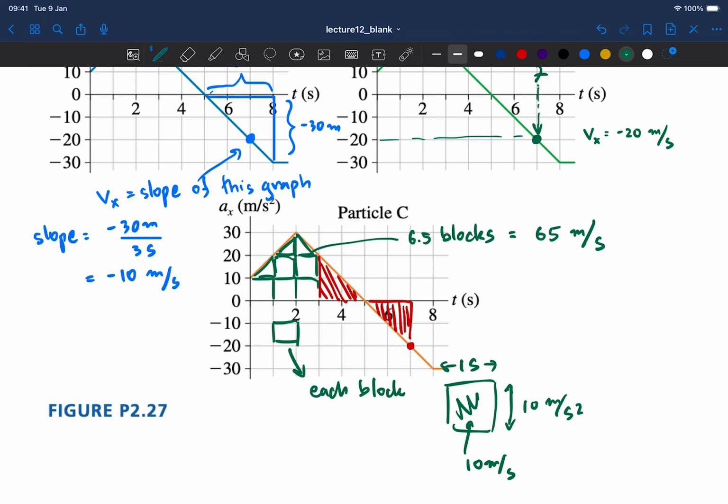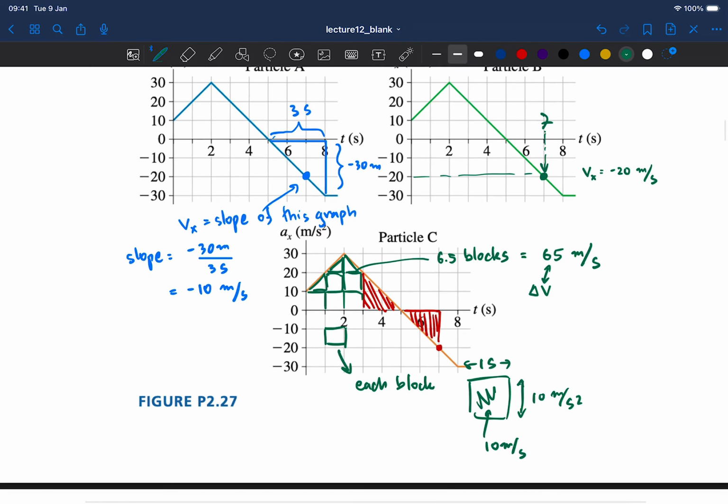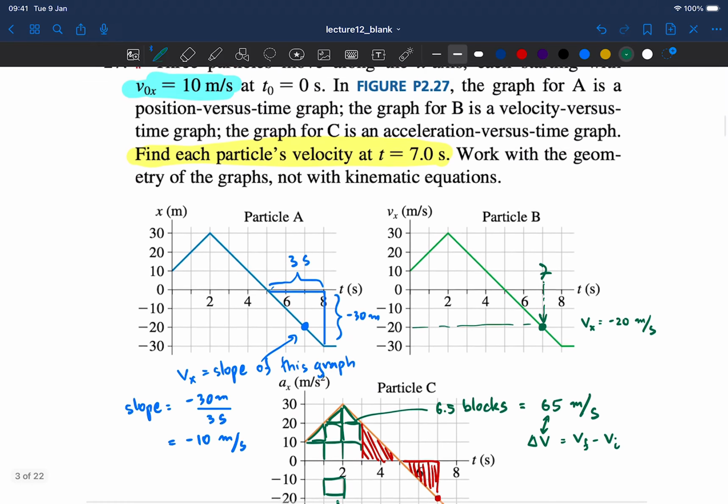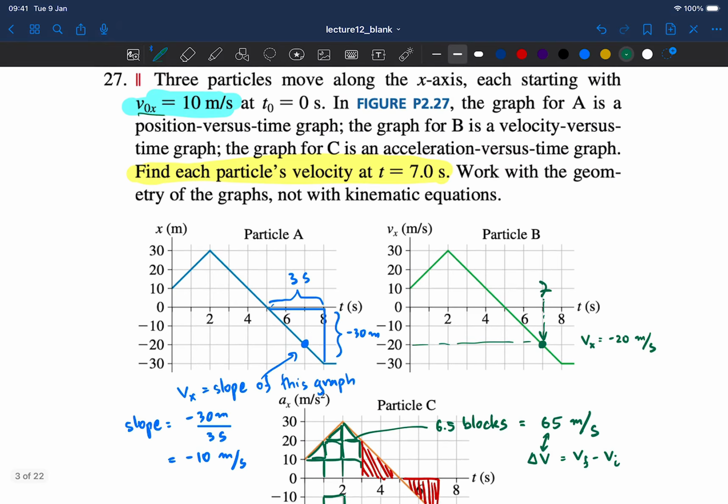But what is this? Well, the area that you count from this graph is going to give you delta V. But delta V is Vf minus Vi. The tricky thing is that the question says that the initial velocity is 10.